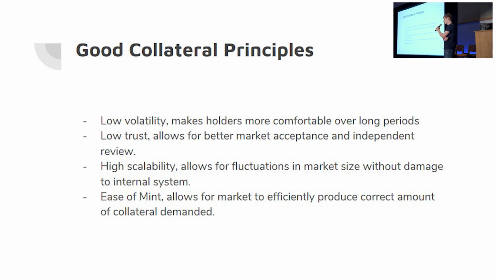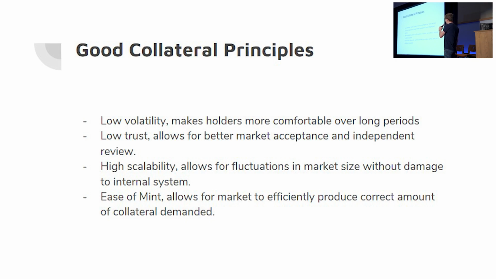You have to trust the issuer, and there are a lot of trust issues, which in a trustless environment is not something we want. Then high scalability. Ideally, you'd like to be able to increase or decrease the amount of collateral present for settling on the derivatives protocol as much as possible.